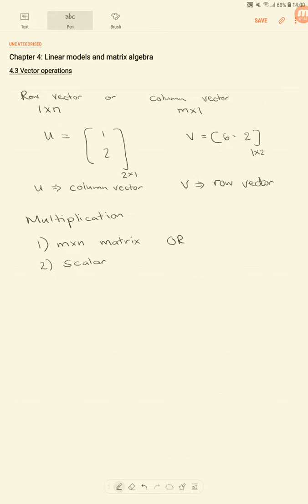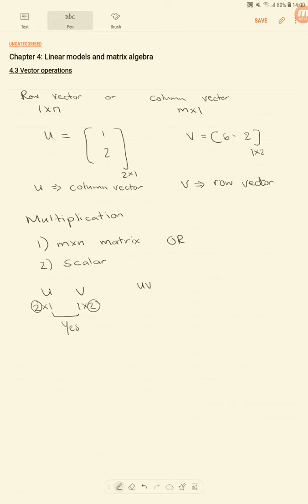So for example, if we take u and v, u is 2 by 1 and v is 1 by 2. So we need to check conformability. So yes, we can multiply u times v. What will we end up with? We'll end up with a 2 by 2 matrix.